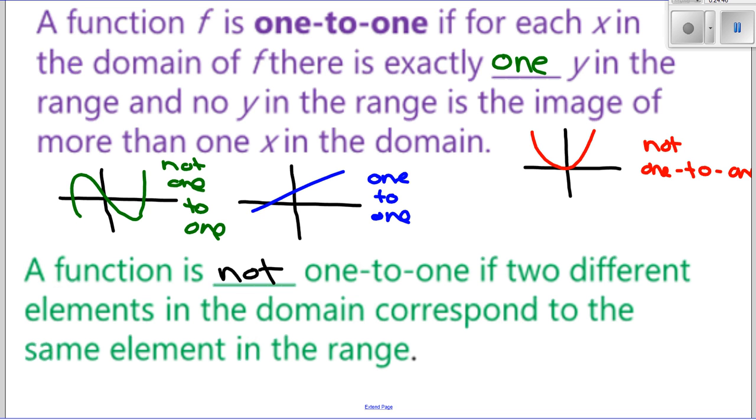Meaning this little x here connects with that one, and this little x here also connects with the same y. So if two different x's correspond to the same y value, it's not one-to-one anymore. And if two y's connect to the same x, it's not even a function to begin with. That was the vertical line test, which I'll talk about on the next page.